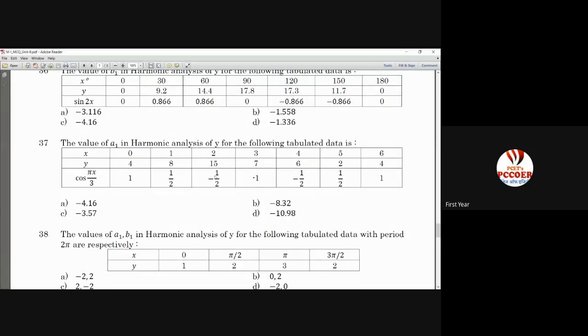So what you've got: 4 plus 4 is 8, 8 plus this 1 is 9. And this is minus 7.5 minus 7, that is minus 14.5, and minus 3, so minus 17.5. Plus 9. What will be the total summation? And then you divide by 3. That will give you the answer.